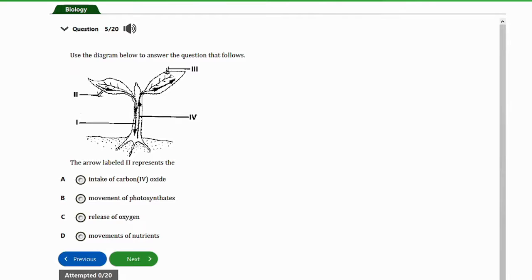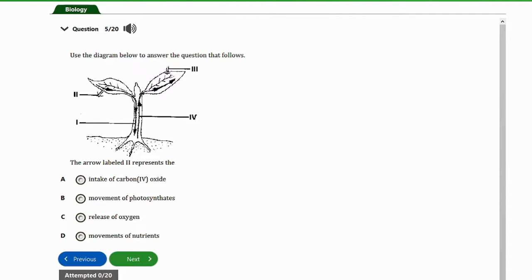That's question number 5. It says, use the diagram below to answer the question that follows. So guys, look at the diagram here, and actually the question here says the arrow labeled II represents the A, intake of carbon dioxide, B, movement of photosynthesis, C, release of oxygen, and D, movement of nutrients.